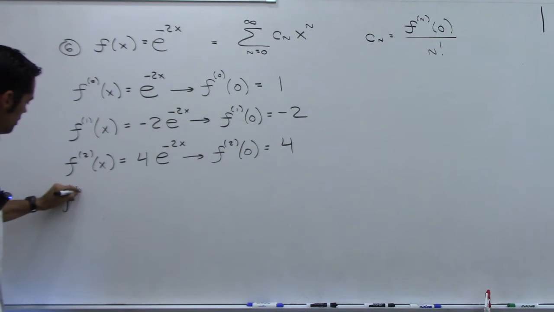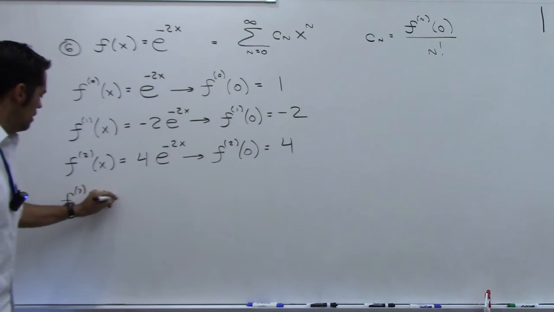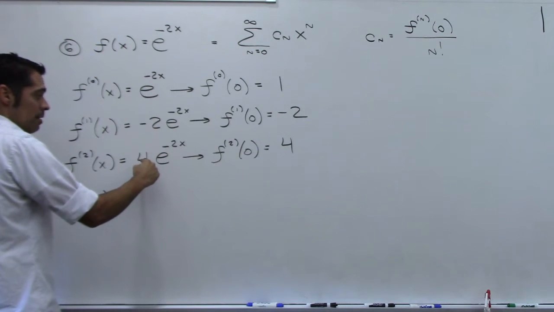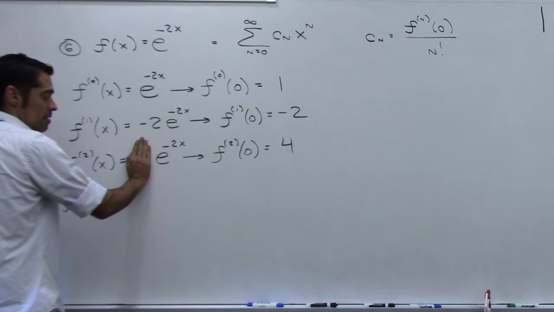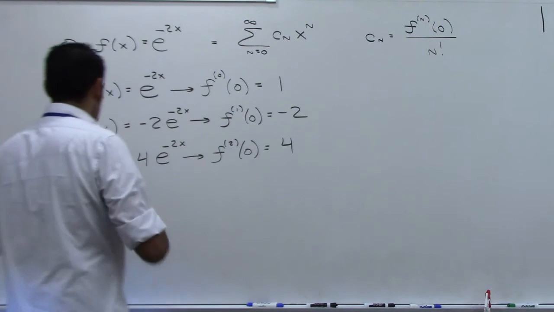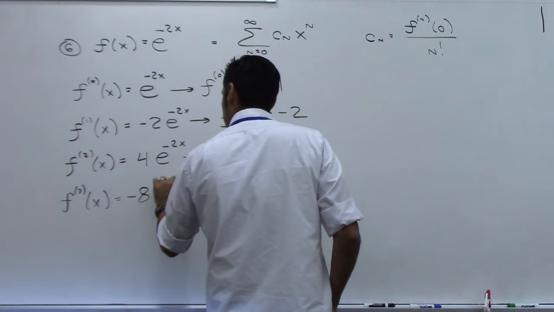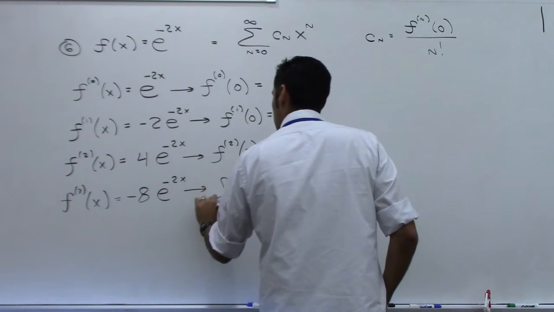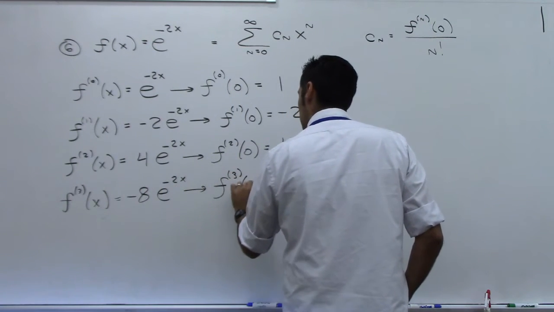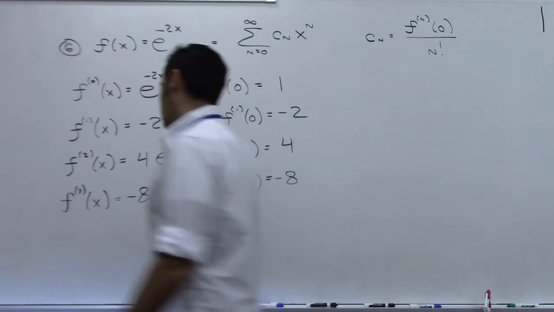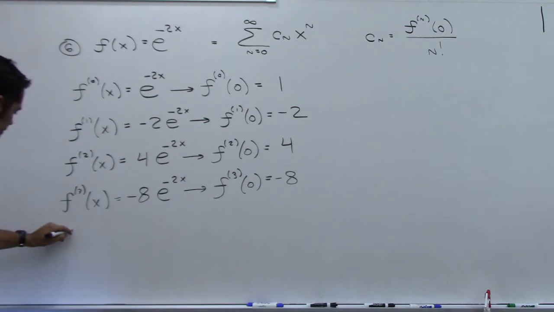When I do my third derivative, another negative 2 is going to come out. That's going to turn this into a negative 8 e to the negative 2x. And if I take that third derivative and plug in 0, I just get negative 8. And let me just do one more, the fourth derivative.